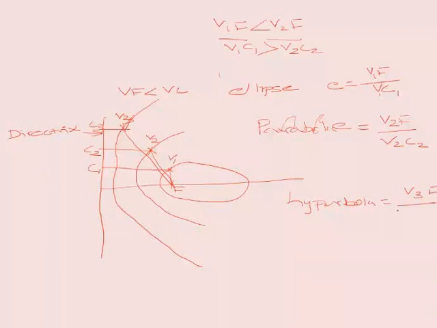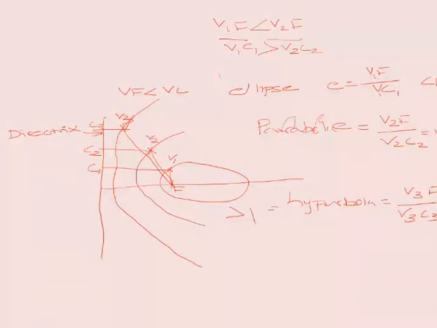If you look at the same logic, V3F will be greater than V2F, and V3C3 will be smaller than V2C2. So that means the hyperbola eccentricity is much higher than the parabola. So we already know it should be less than 1 for an ellipse, equal to 1 for a parabola, and greater than 1 for a hyperbola. So this is the concept of eccentricity.